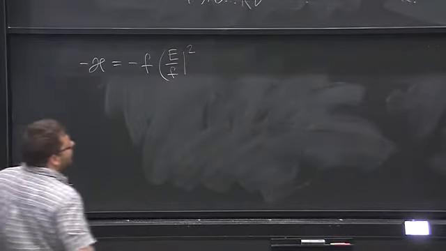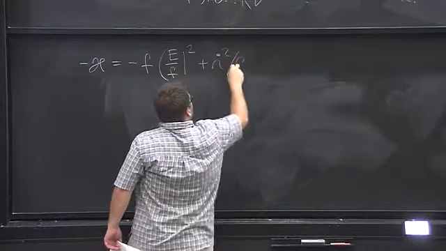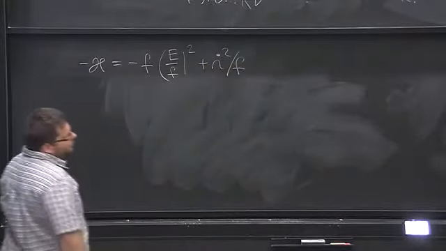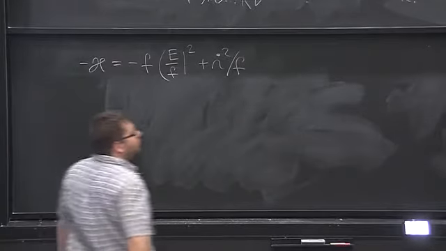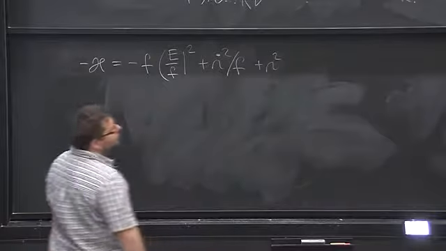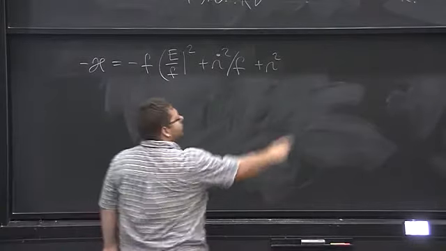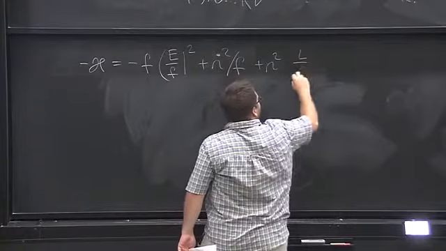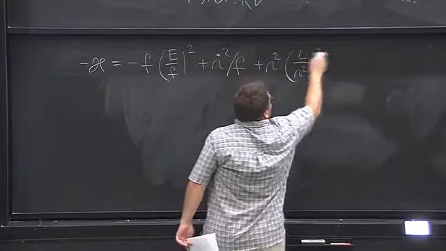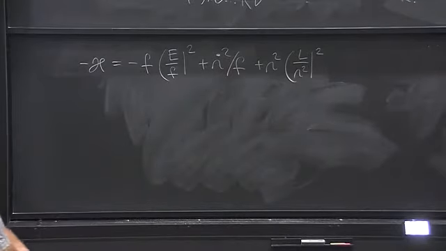And then I have plus r dot square divided by f. That's the other term. And then I have plus r square, and phi dot is L over r square from the second equation, and then square. Just plugging the first two equations into the third one.